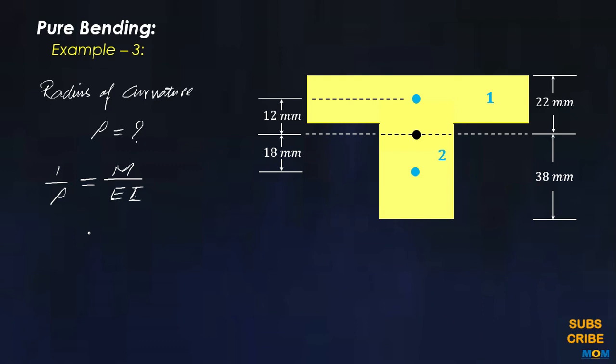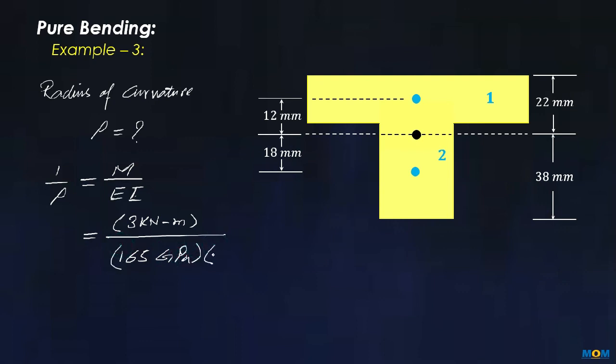So M, that is 3 kilonewton meter, upon Young's modulus, that is 165 gigapascal, multiplied with 868 into 10 raised power minus 9 meter 4.